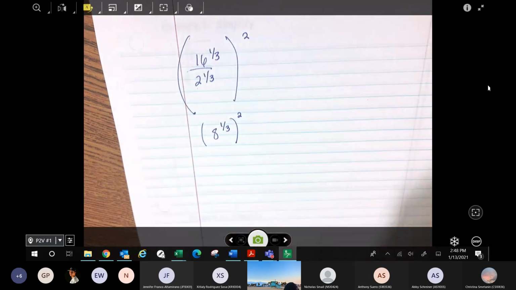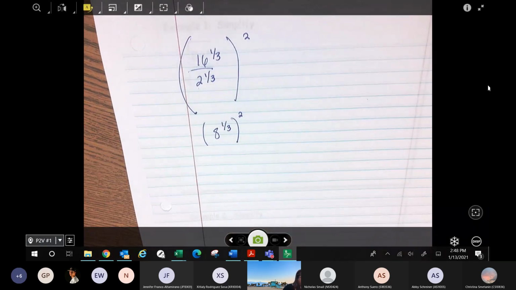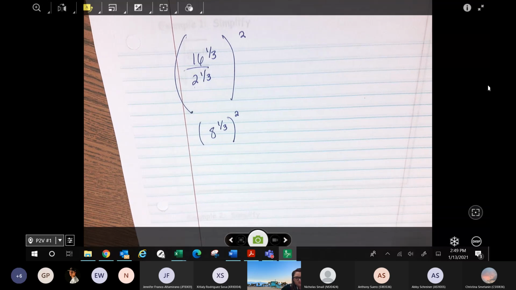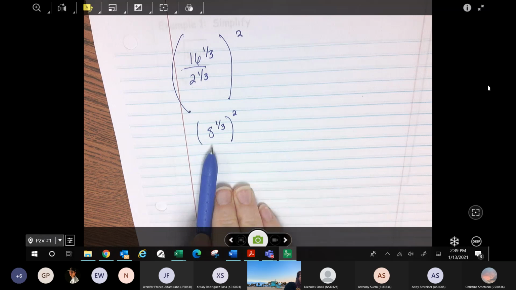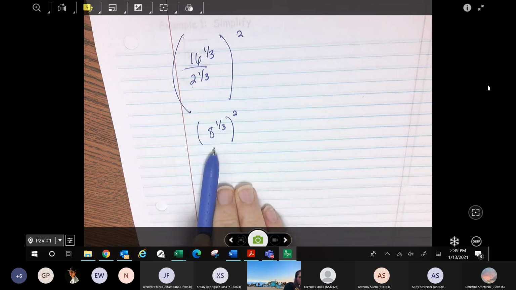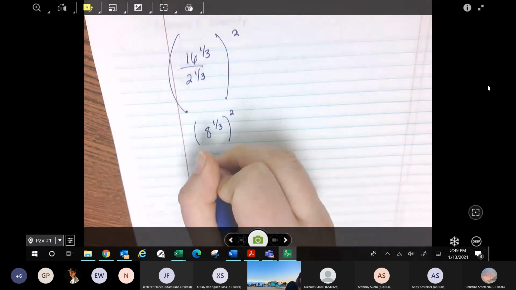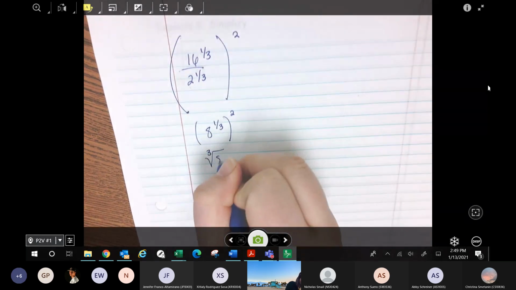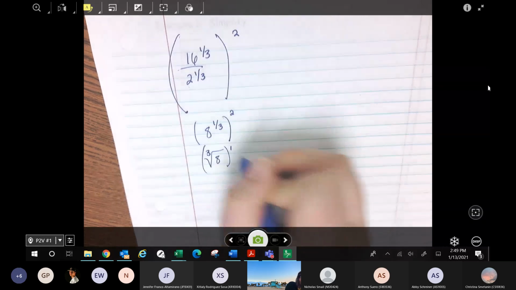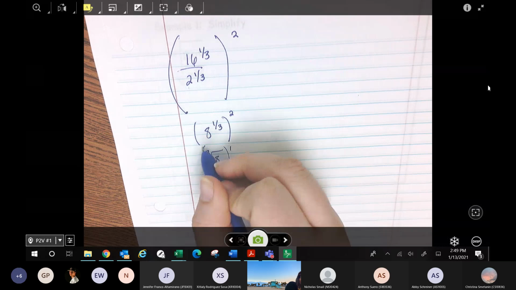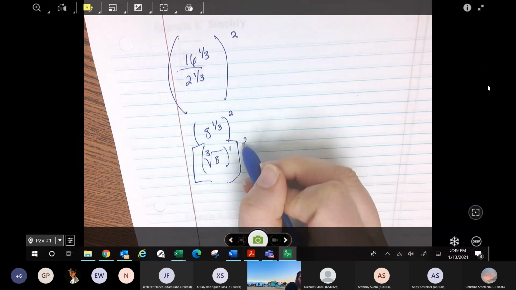all squared. And if you recall what you did yesterday, going from radical expression to rational exponent, what would this be as a radical expression? Roots on the bottom, powers on the top. This is going to be the cube root of 8 to the first power, and then all of that is raised to the second power.